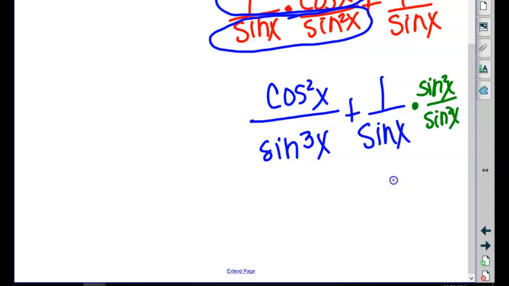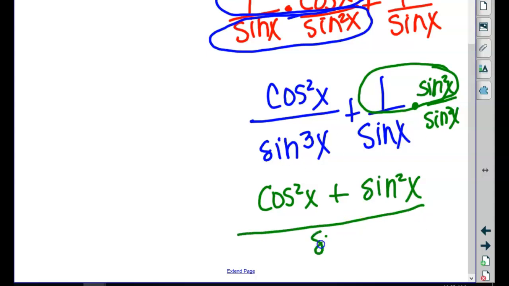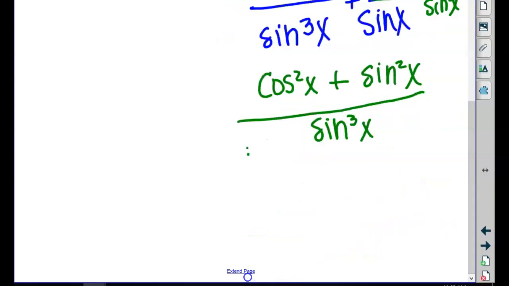Please show your steps. So I'd have a cosine squared plus, what does this become? A sine squared. And the denominator for both is now sine cubed. All right, what is cosine squared plus sine squared?